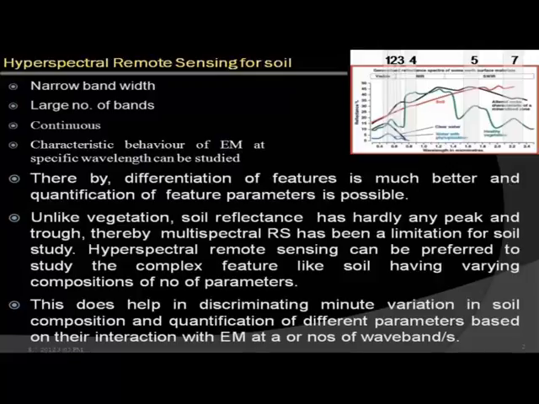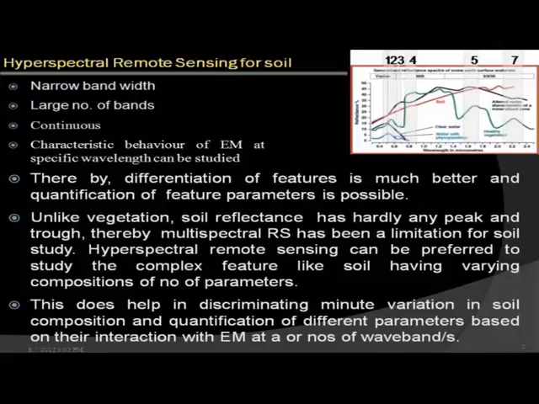So the target is open and you are looking at a pure target. But when you look at soil, it is never open. Soil is covered by crop. When the crop is harvested, soil has residues. When the residue is taken off, soil is plowed, then it is irrigated. So soil never looks like what it is supposed to be. That's the reason you don't get a pure spectra of a soil.